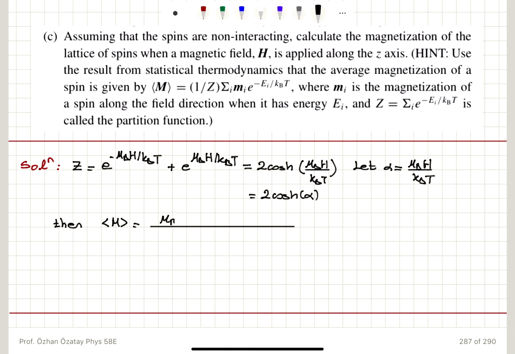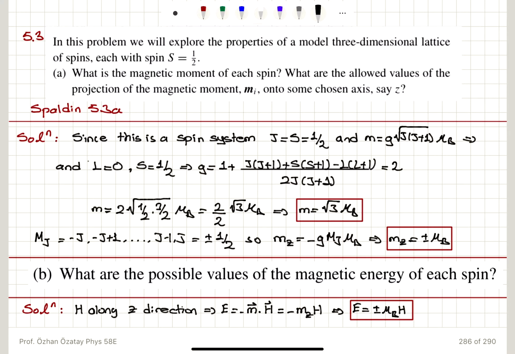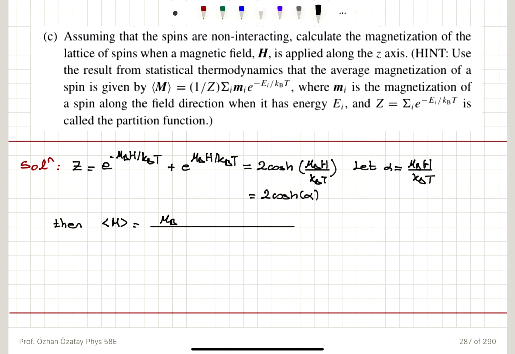In that case, the energy for magnetic field along z direction will be minus μ_B H, and because we have a minus sign here, it's going to be e to the plus μ_B H over kT.